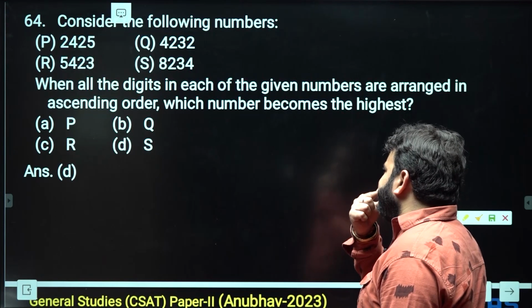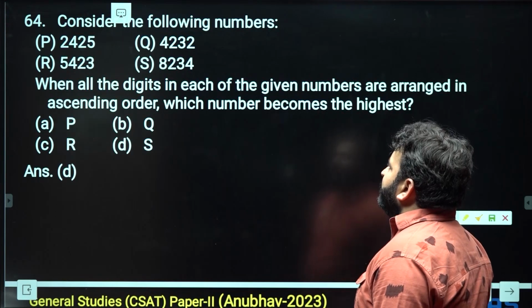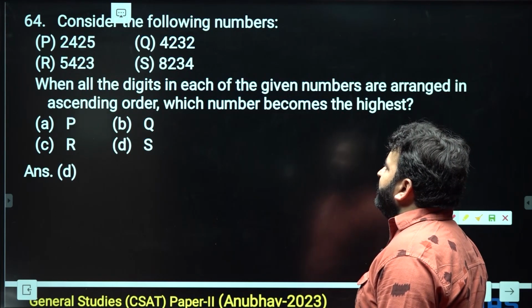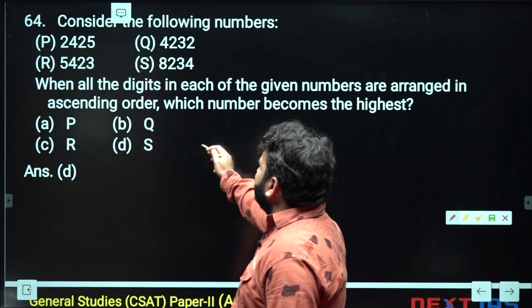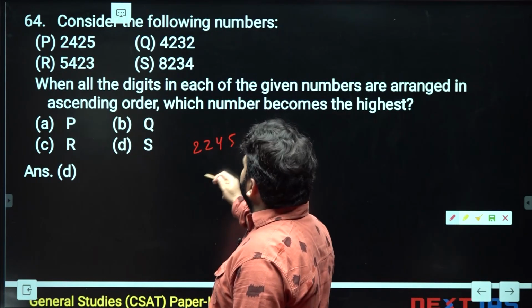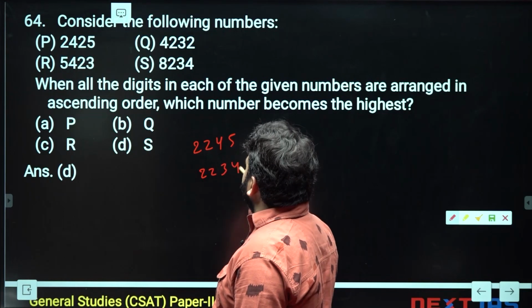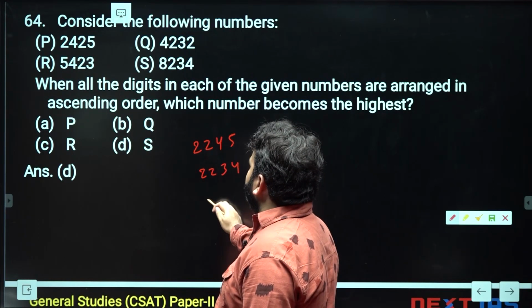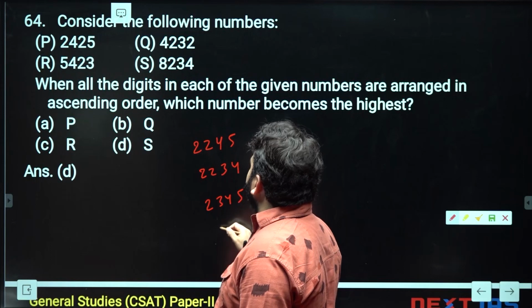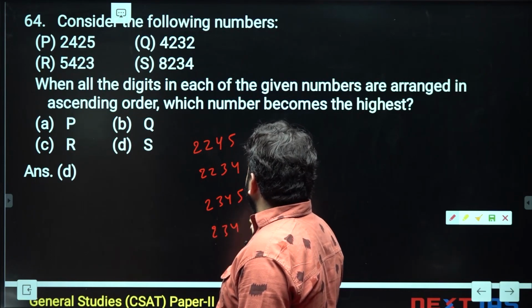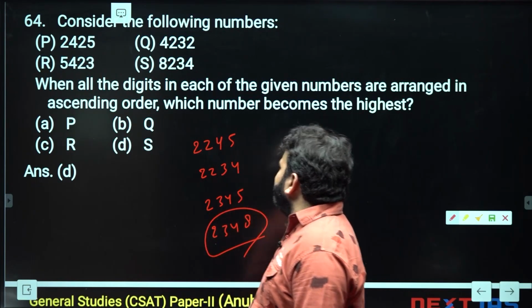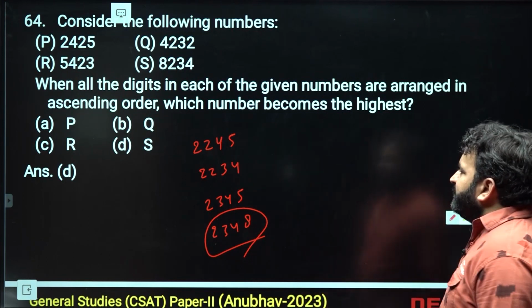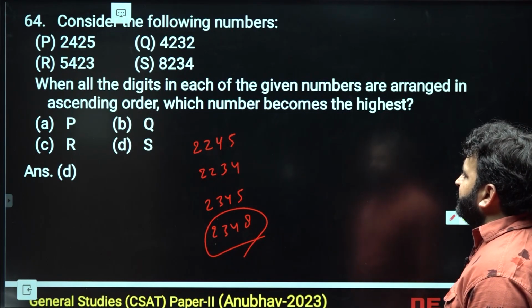Which one becomes the highest? अब आप सबको अरेंज कर लो, जैसे 2 2 4 5, 2 3 4 5 and 2 3 4 8. So which one is highest? 2 3 4 8. That is your S, it is the highest.